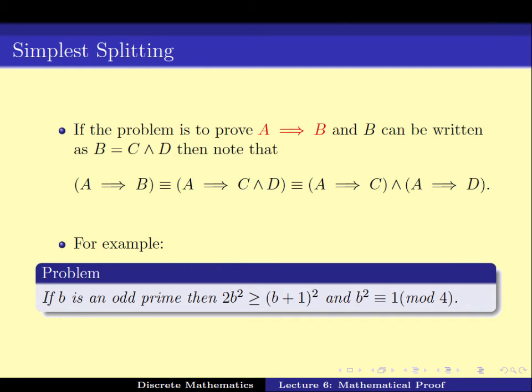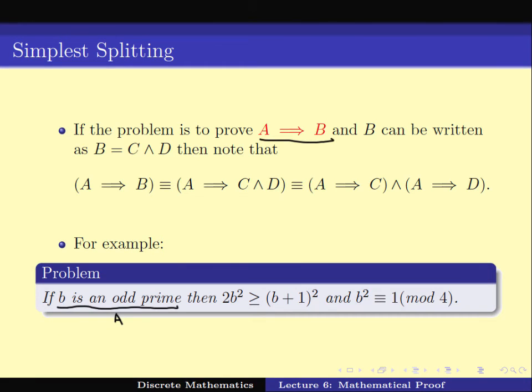Here I hope that you remember the notations of number theory that were introduced in the first week lectures. Now, if this is the problem to do, just try to understand which is the A and which is the B here. A implies B, so A is that b is an odd prime.